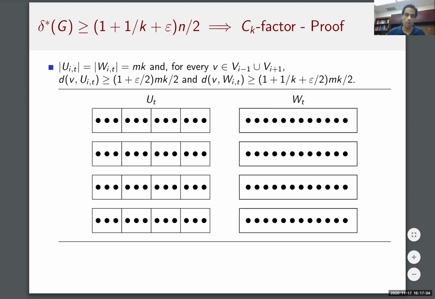Now, what does that imply? Well, one implication is that between here and here, it's like a bipartite graph, a balanced bipartite graph with parts of size m, where the minimum degree is at least m over 2, right? That's what's happening here.